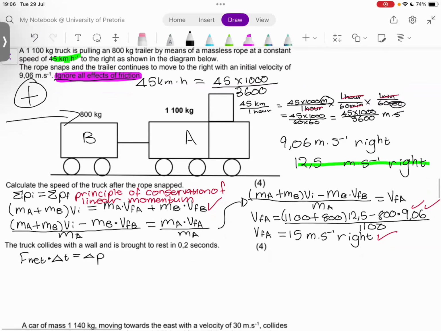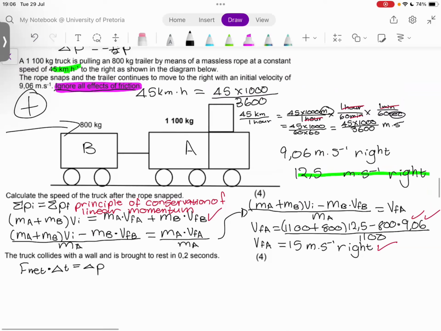So I can see that this question doesn't necessarily state what we have to solve for. We have to solve for F net. Sorry for the mix up there. But for this question, we have to solve for the net force. I've set up the equation right here.